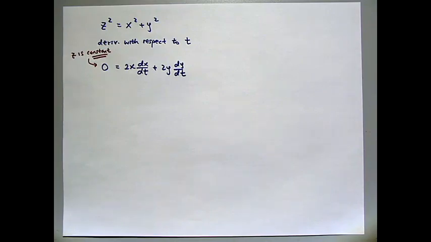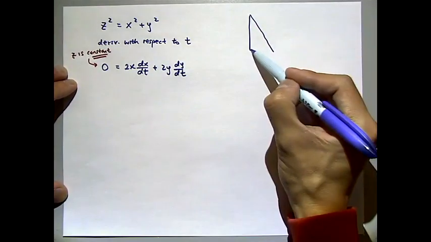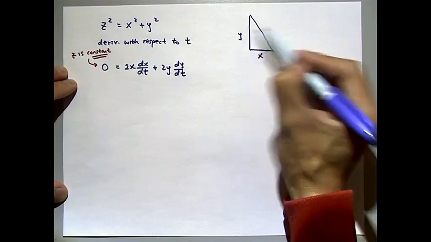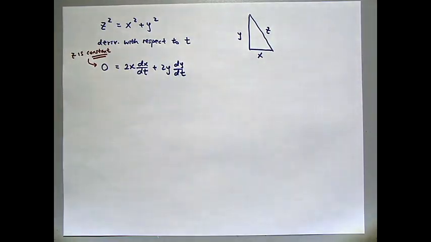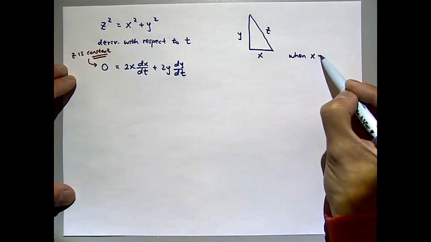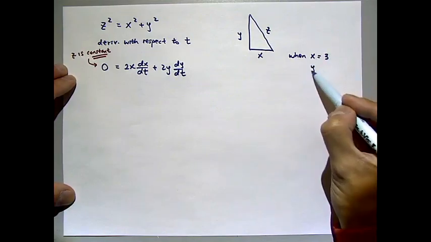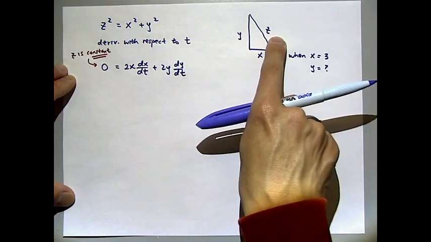Now we can plug in what we know. By the way, let me resketch my picture here: x, y, z. Ultimately, this boils down to this: when x is equal to 3, if we can find out what y is equal to, we know z.